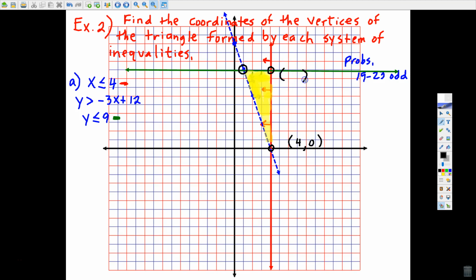Up here, this is the point (4, 9). And then to the left of that, this is the point (1, 9). So that takes care of these instructions. We found the coordinates of the vertices. We did the shading to indicate the solution to this system of inequalities. So that's our final answer.